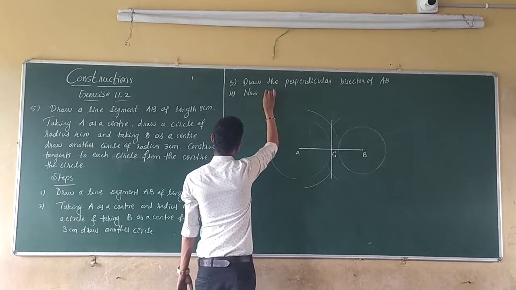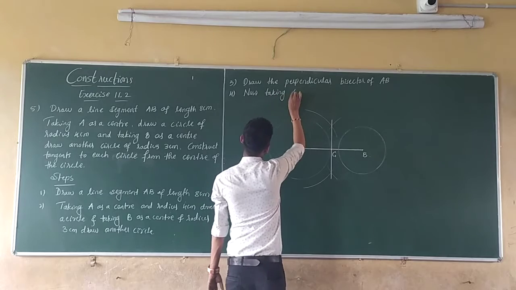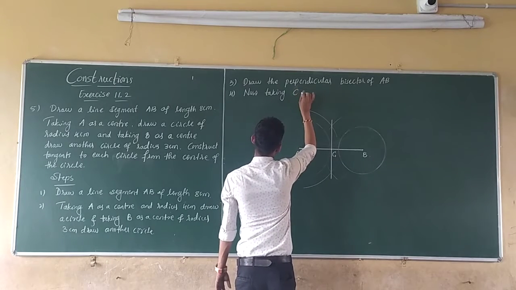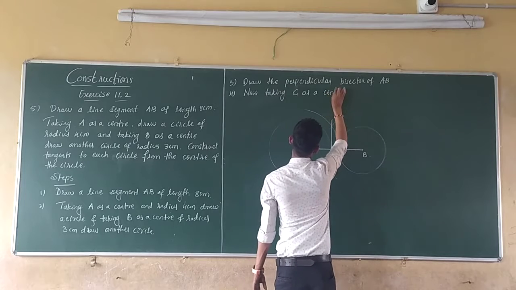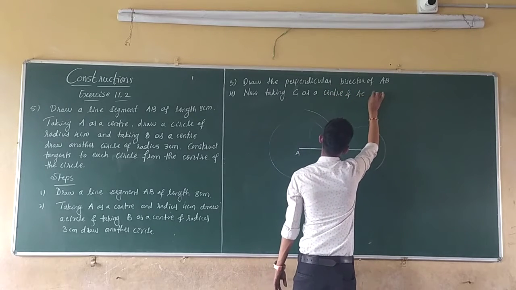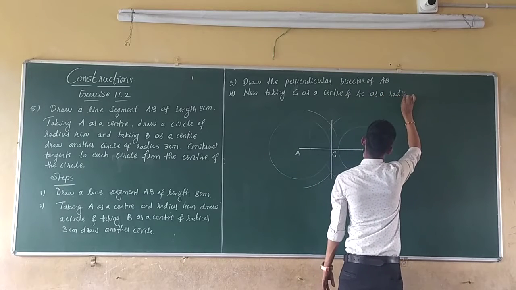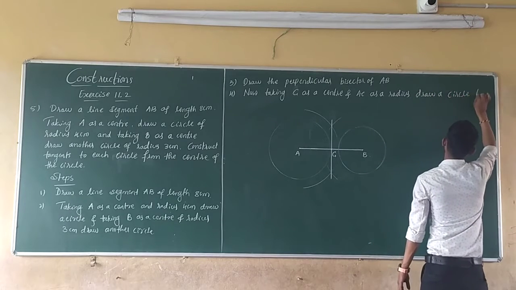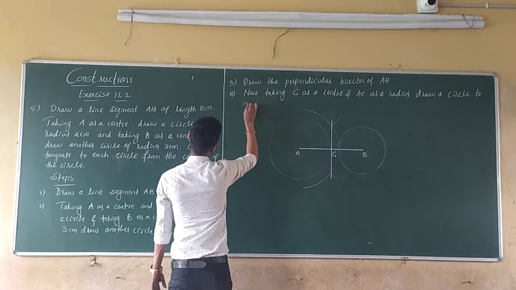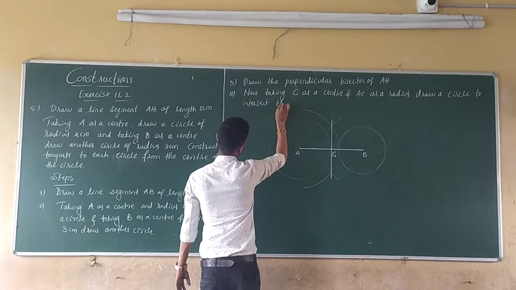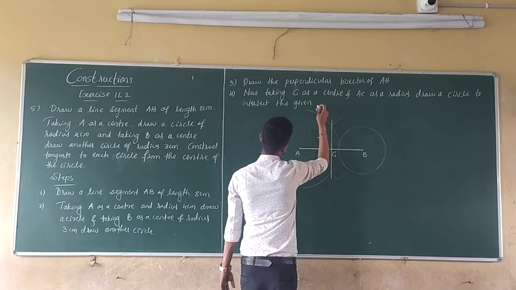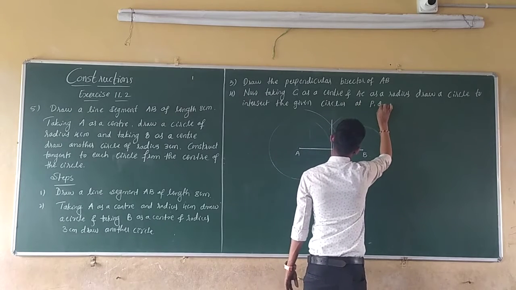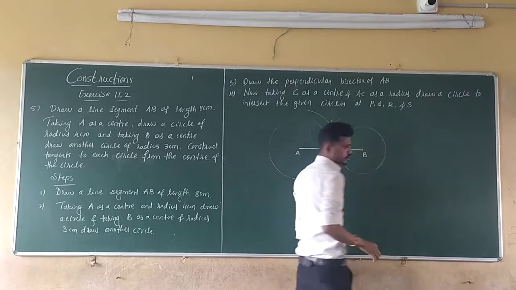Now taking C as a center and AC as a radius, draw a circle to intersect the given circles at P, Q, R and S.